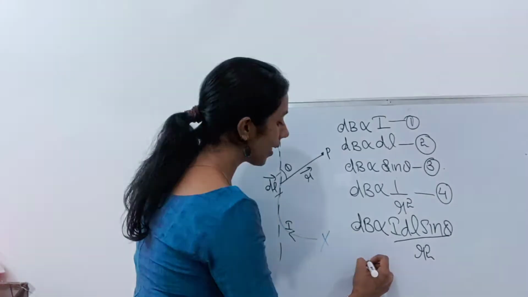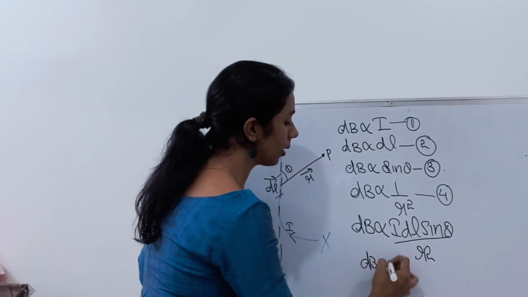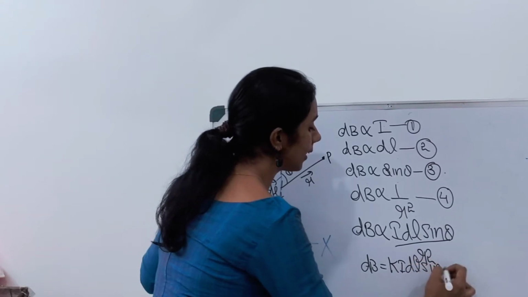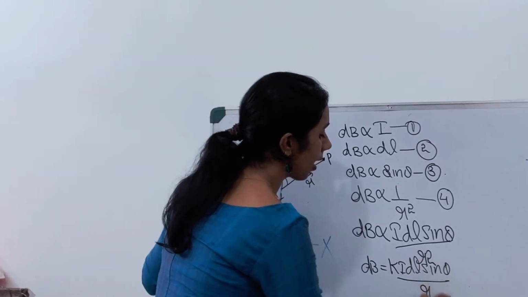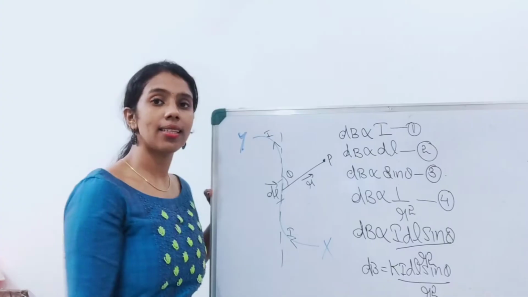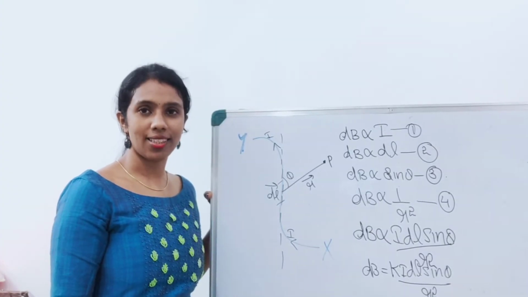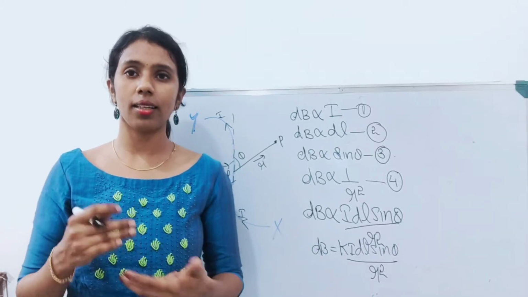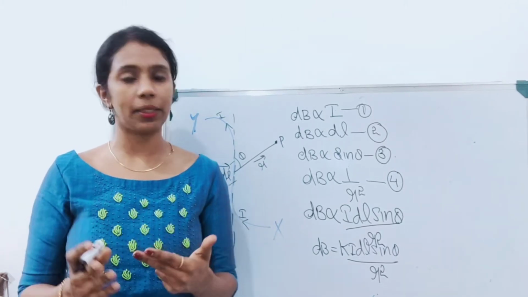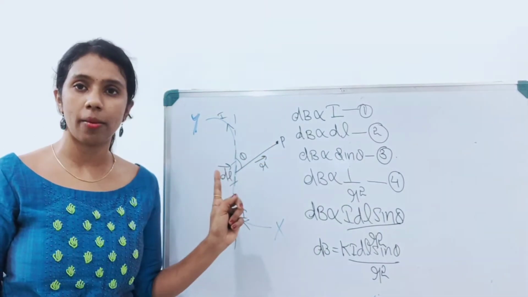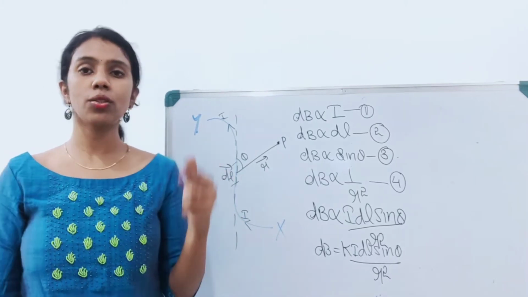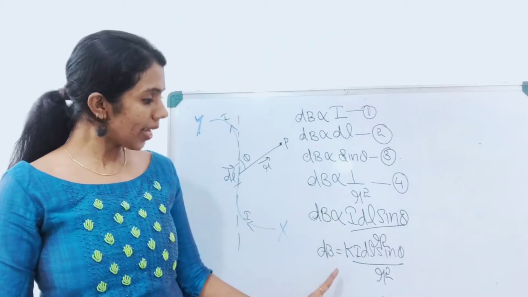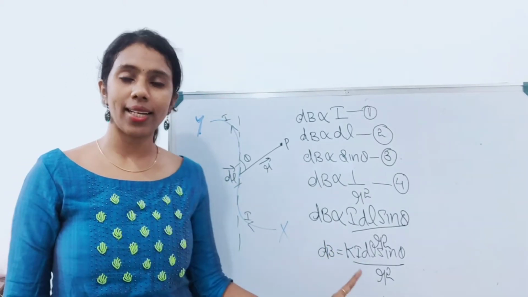Or I can write this as dB is equal to K I dl sine theta divided by r square, where K is the proportionality constant. Here, the proportionality constant depends upon the medium in between the point P and the current element dl. So we have to choose a proportionality constant which makes the dimensions of the left and right sides equal.